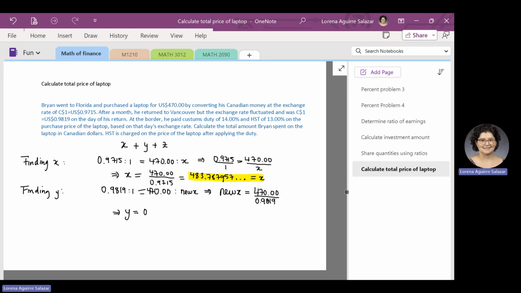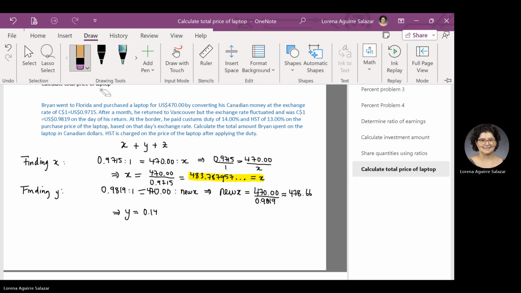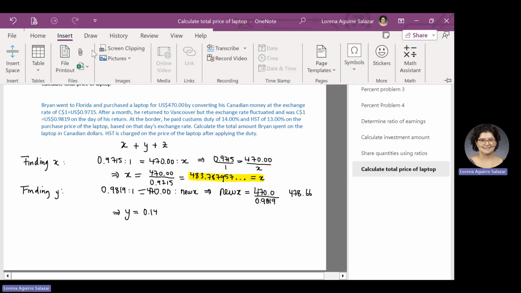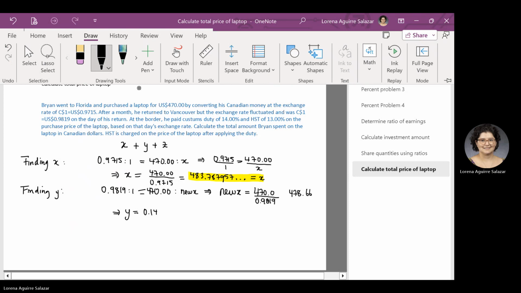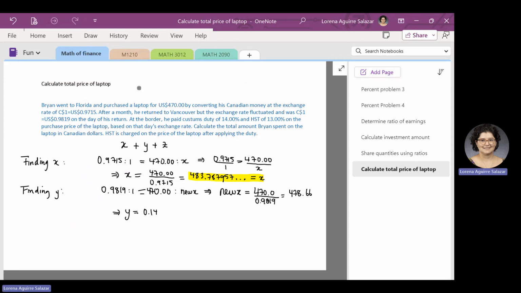That's 14% of that new value of the laptop, the one based on the new exchange rate. This was about 478.66, or more exactly, we can write that this equals 478.663815, and then some other decimals.